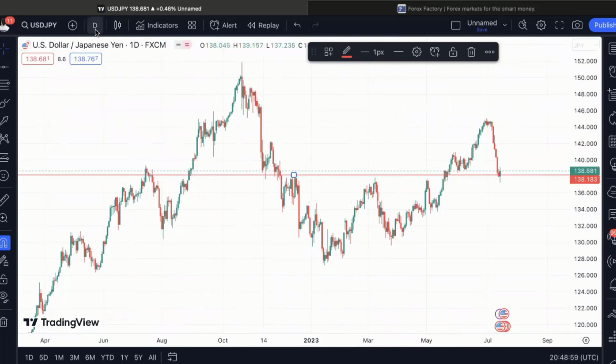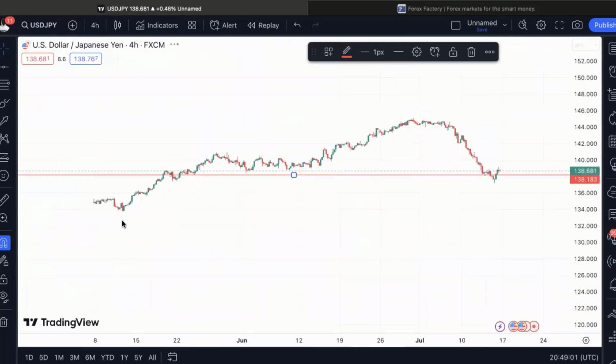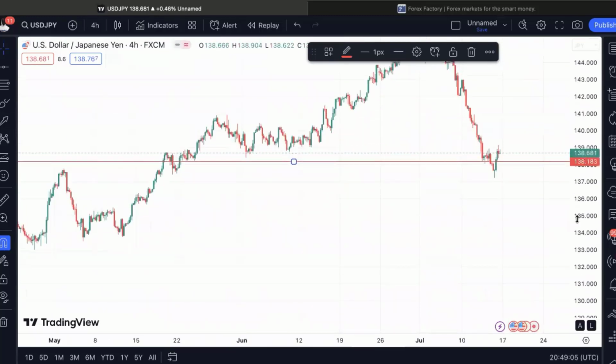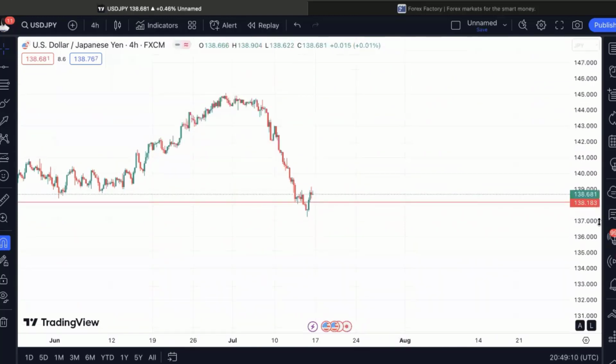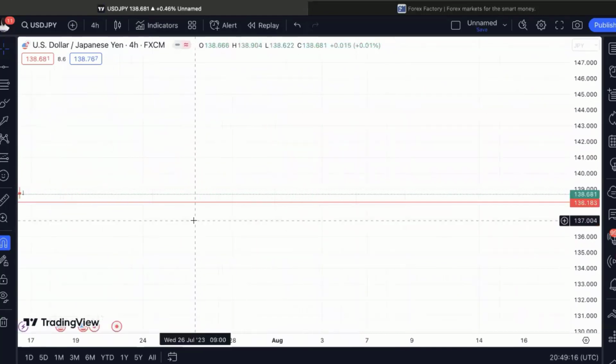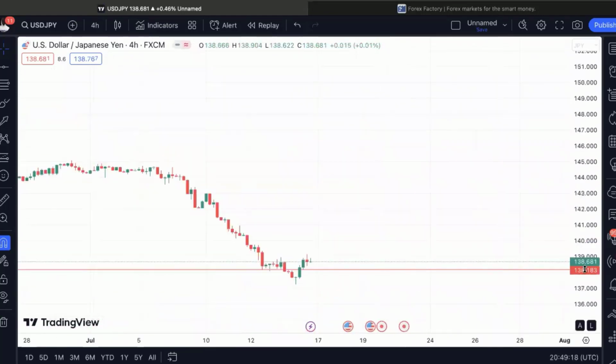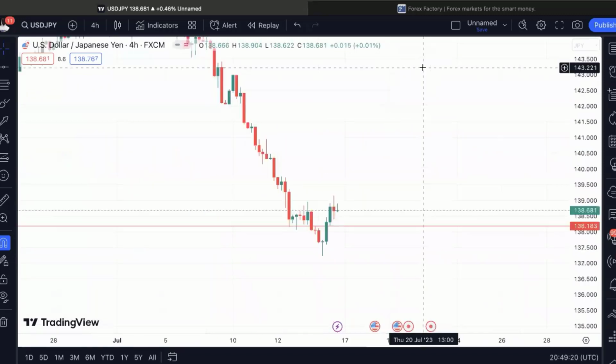So let's look at the 4 hour time frame so that we can equally know what is going on. On Friday, I told us that the market will start correcting itself. And look at it. Obviously, look at how the market fought so long to sustain price at this level.